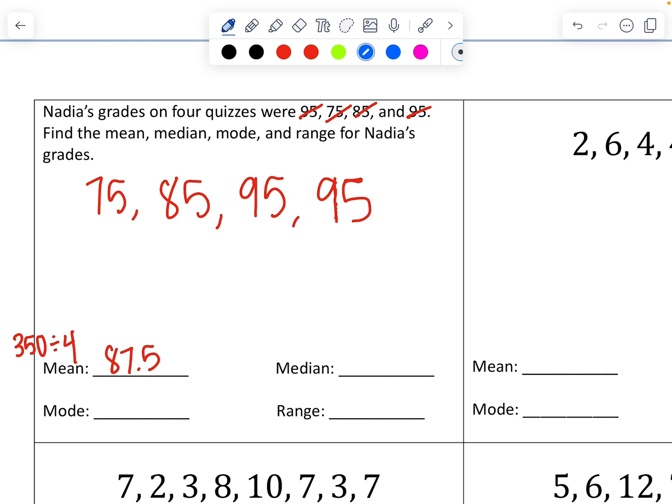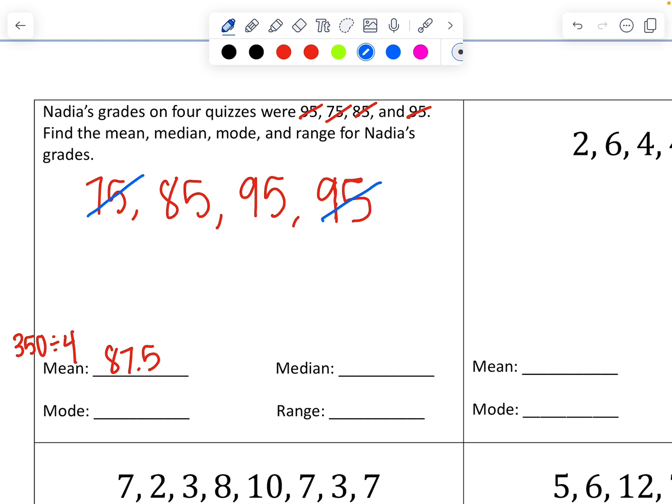For the median, okay, I can tell right away that I only have 4 numbers. That's an even number, so I'm going to have 2 in the middle. Okay? So I would still cross off 75 and 95, but then I have 85 and 95 in the middle. So to figure that out, I'm going to add them, and I'm going to divide by 2 because I want to know what's exactly between 85 and 95.